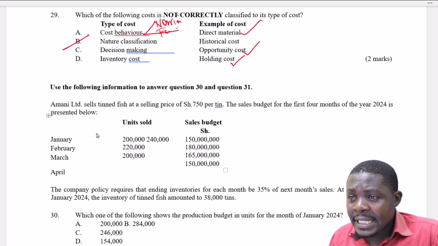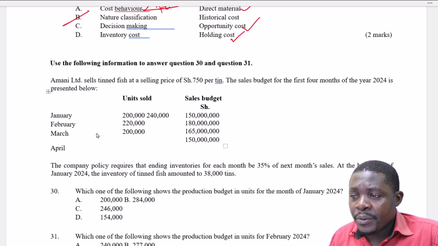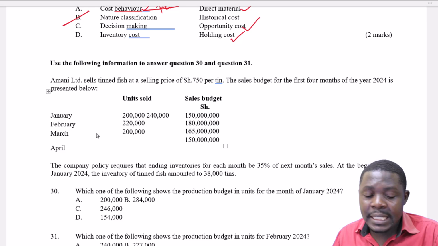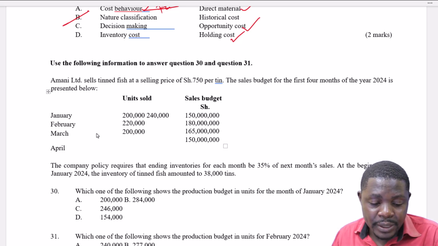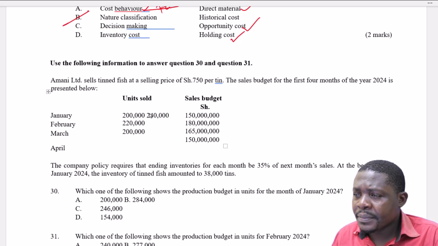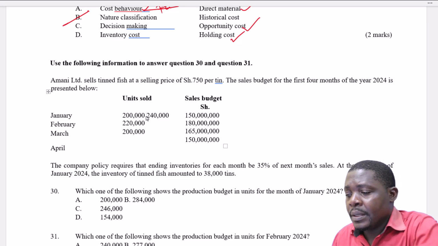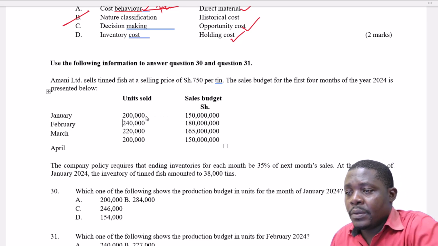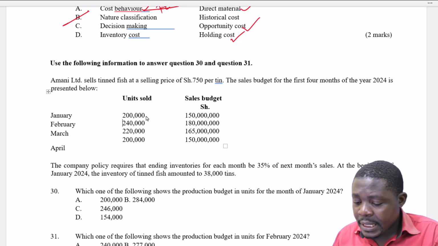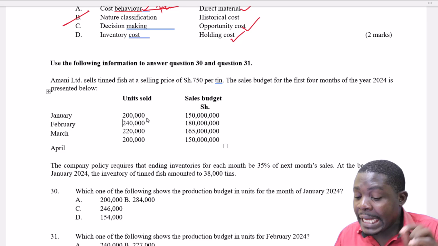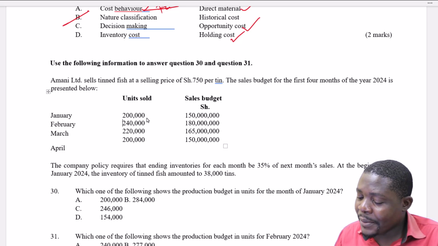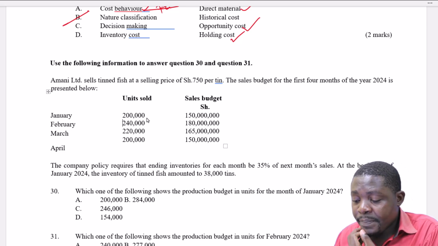Lastly, use the following information to answer questions 30 and 31. Now we are told that Amani Limited sells tinned fish at the selling price of $7.50 per tin.